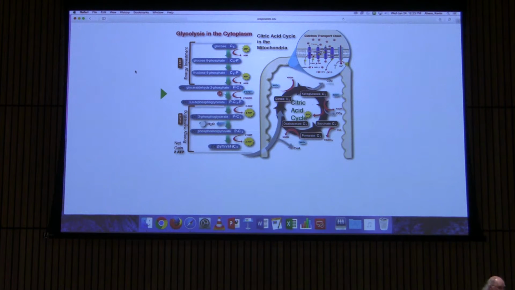So that symbiosis eventually was so strong that the mitochondrial cell lost most of its function. The important function that it had about providing ATP was maintained. And that's critical for our cells.